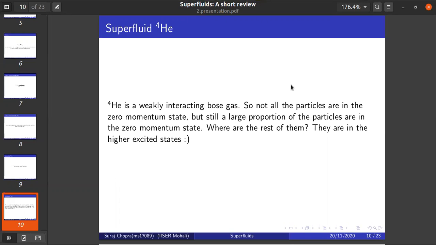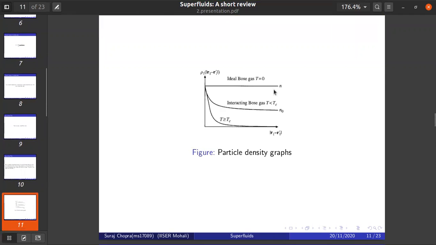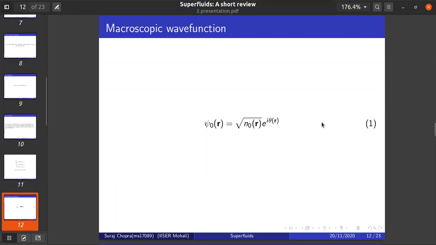So where does the rest go? It goes to a higher excited state, which then forms the normal component of the superfluid, which we'll talk about later. This is the graph showing the same thing that I said just now.